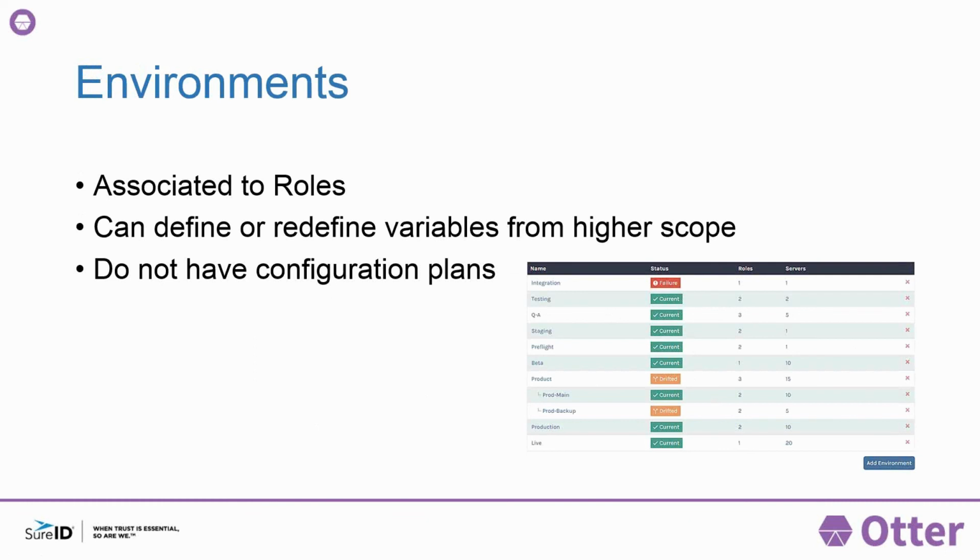So they're pretty much an organizational element that allows you to break up your system. As you see in this picture here, you can have a hierarchy of environments. You could do QA, you could do staging, you could maybe have child environments, as you see in the product, as a prod main, prod backup.